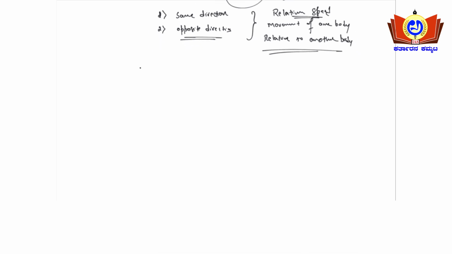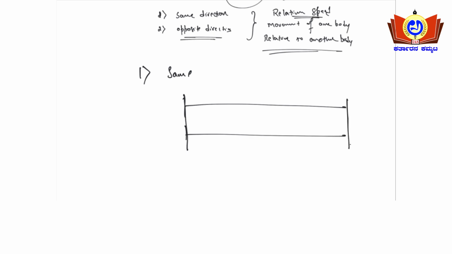Consider the first case, the same direction, on a straight line. Just for picturization I have drawn 2 lines here. Person X and person Y travel from position A to position B. Consider that X is traveling at 10 kilometers per hour, so in the first hour he will travel 10 kilometers, right?